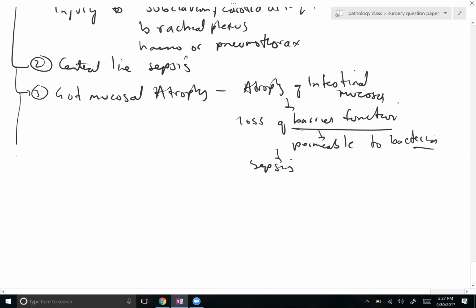The major complication of total parenteral nutrition is cholestasis. This is a long-term complication.